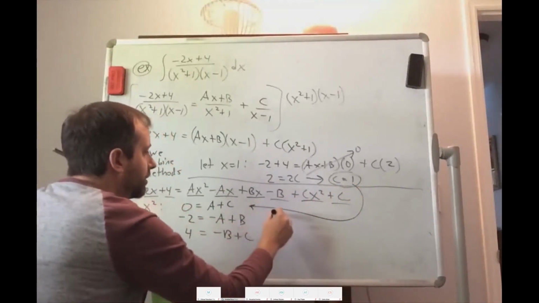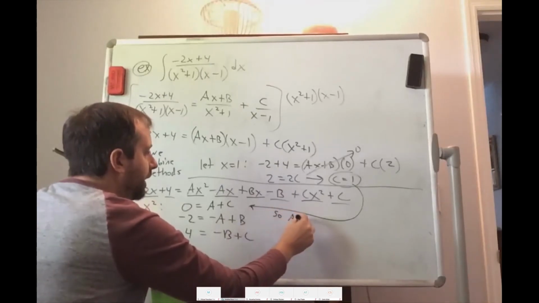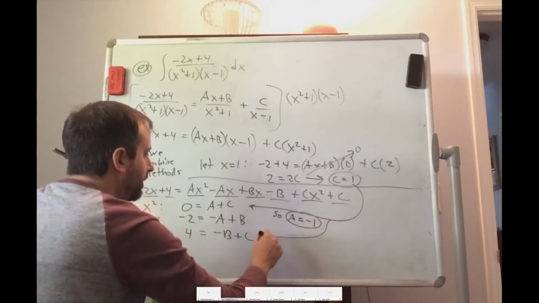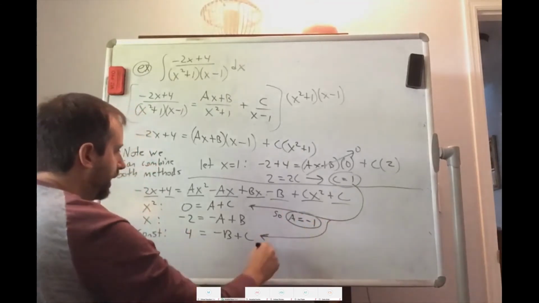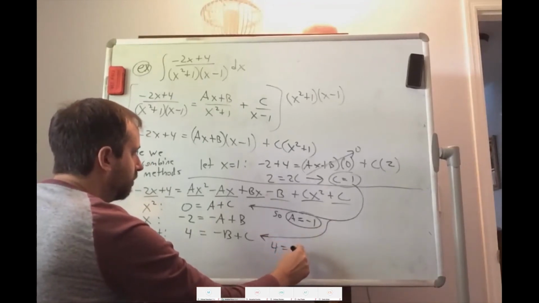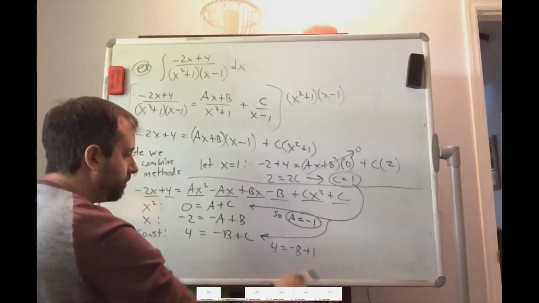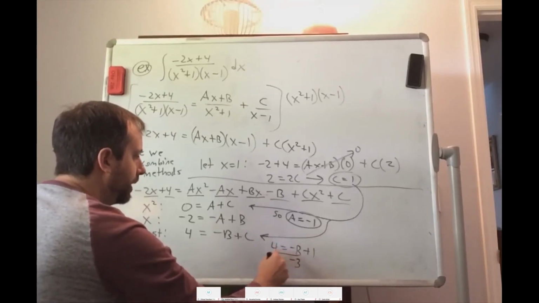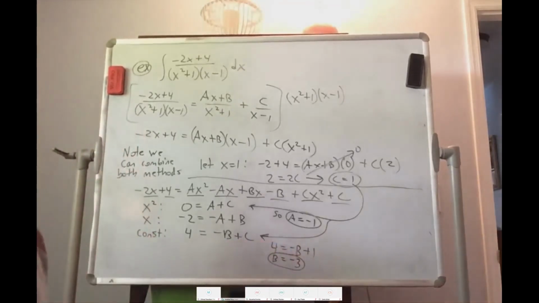I know that c is equal to 1, so a has to equal -1, just directly. And if I plug it into the third one, I get that 4 is equal to -b plus 1. Add the b over, subtract the 4, and I get that b has to equal -3.